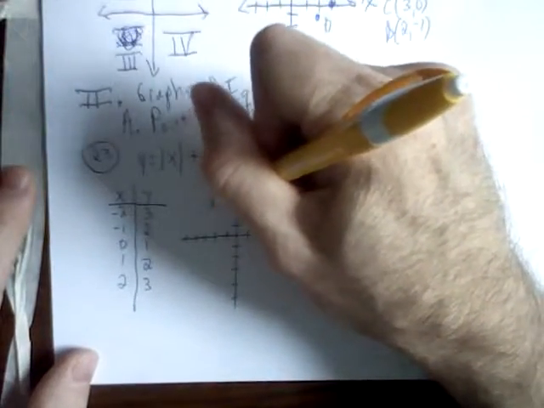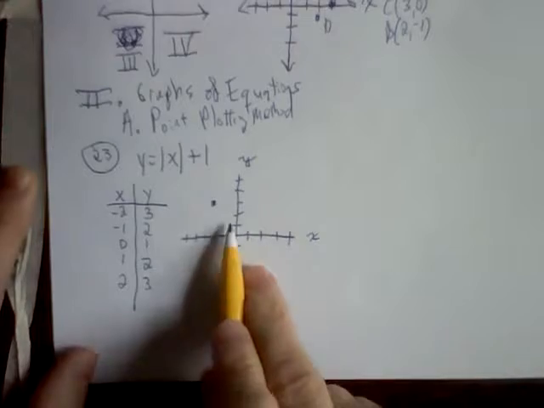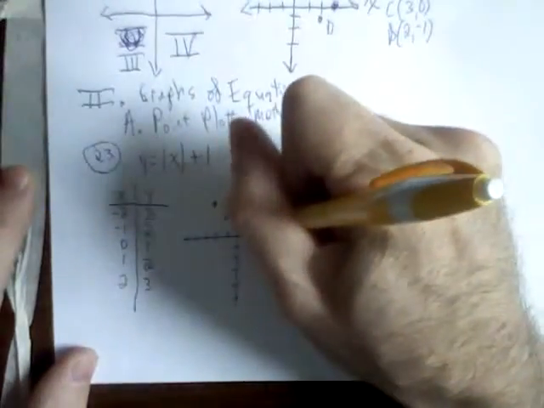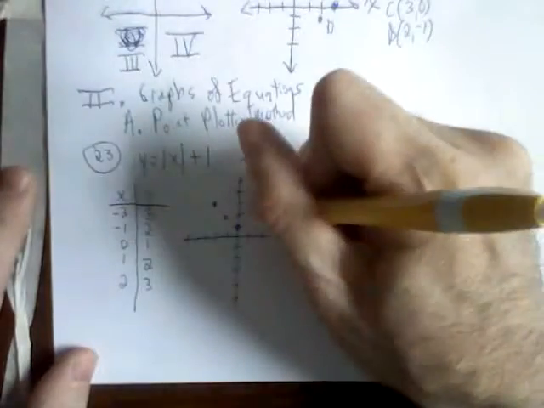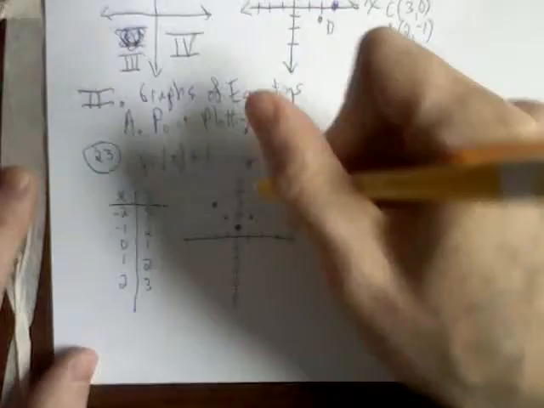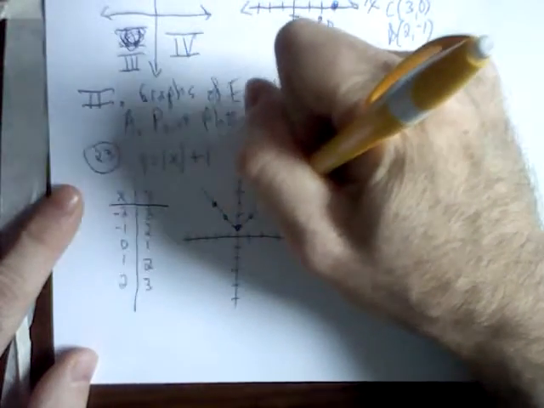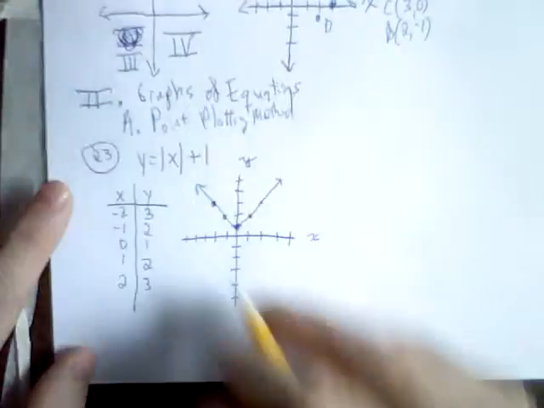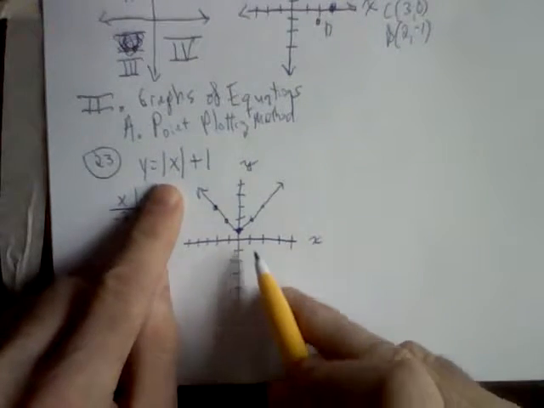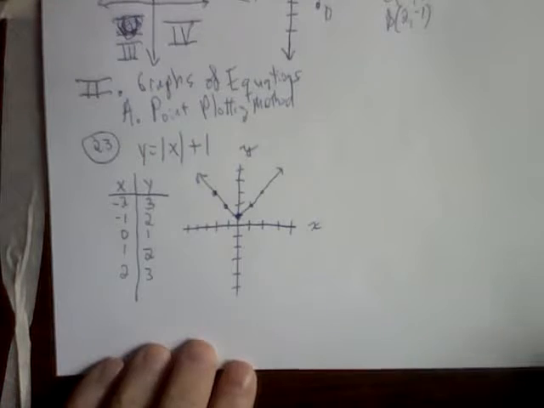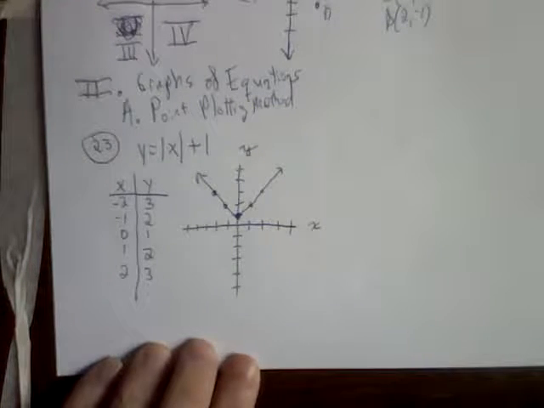Then negative 1, 1, 2. And then 0, 1. And then 1, 2. And then 2, 3. Okay. And then you connect your dots. When you have these absolute value functions, they tend to look like V's. V as in Victor.